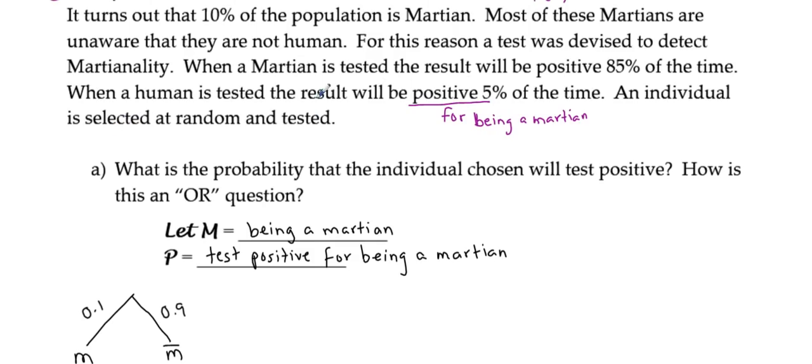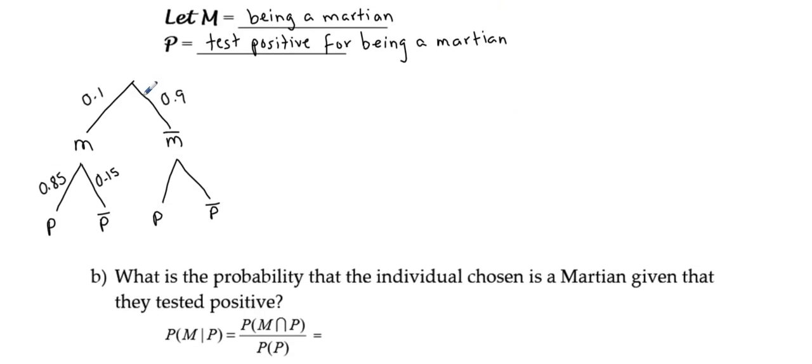When a human is tested, the result is positive 5% of the time. So if the person is human, 5% of the time, the test will still say that they're a Martian, which means 95% of the time, the test will say they're not a Martian.